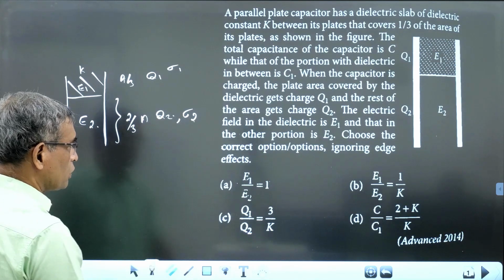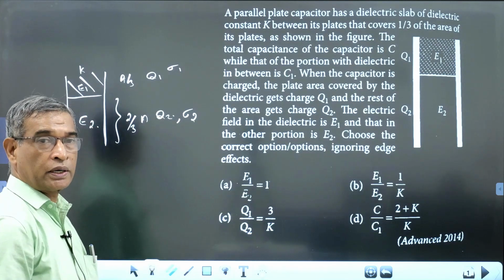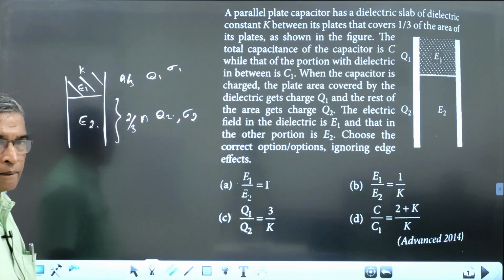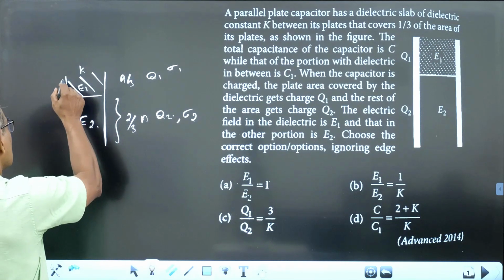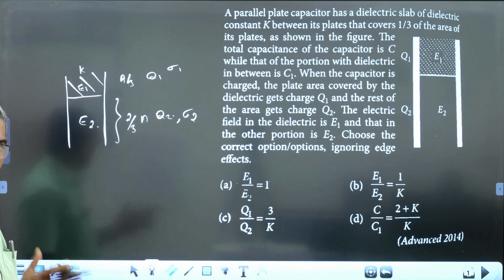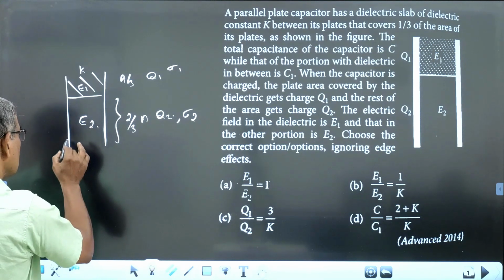Now, first of all we have to find E1 by E2, the ratio of electric field intensity in these two regions. You see, this plate is the same, and since it is a conductor, the potential everywhere on it must be the same.